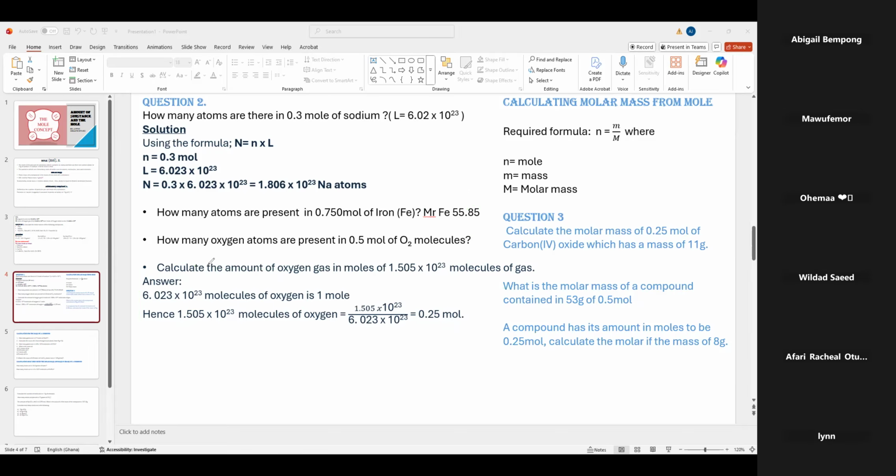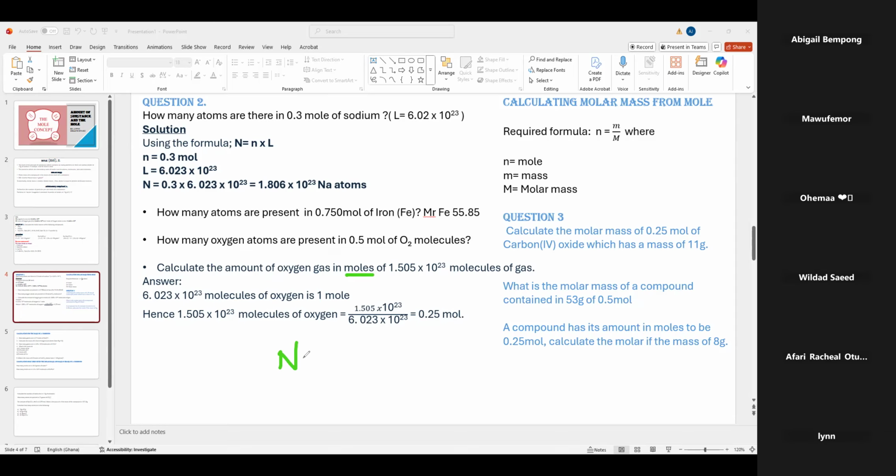So the question says, calculate the amount of oxygen gas in moles of 1.505 times 10 to the power 23 molecules of gas. The question is saying we should calculate the amount of oxygen gas in what? In mole. And what is the formula?